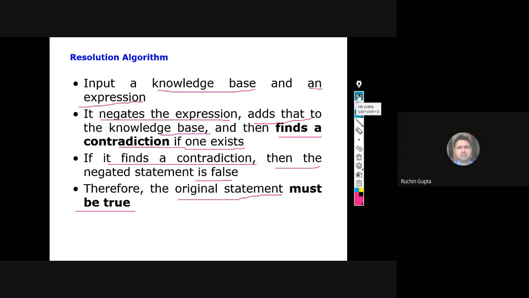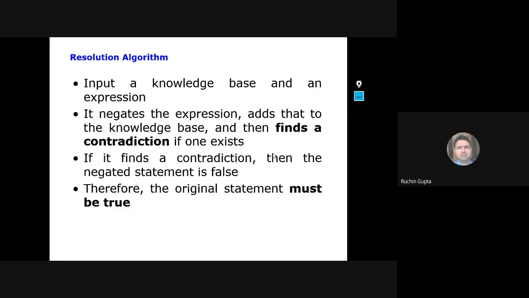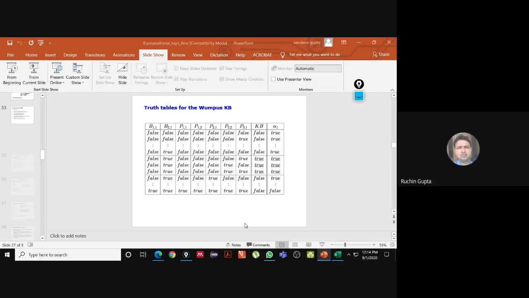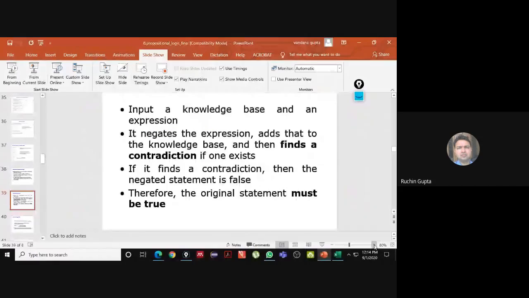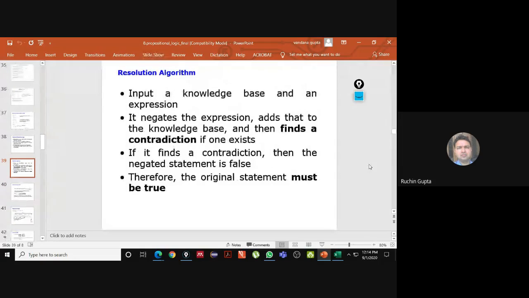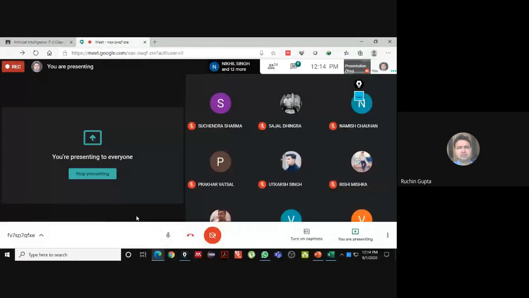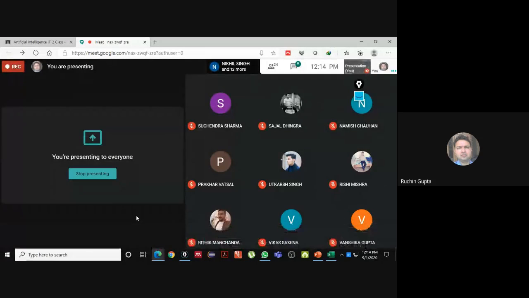Yes, any question into this? Anybody? Any question into this? Is there any question from anyone? The strength has reduced to 24.